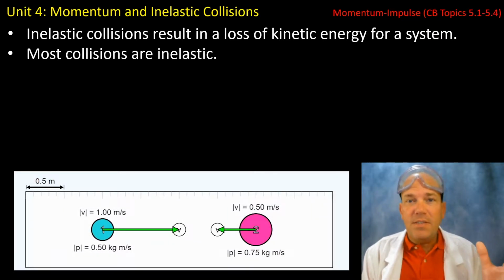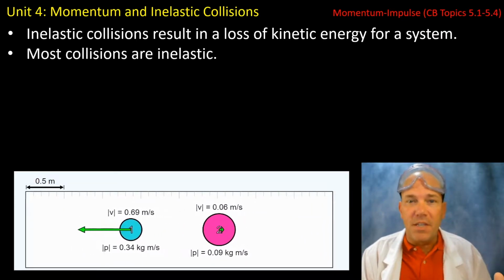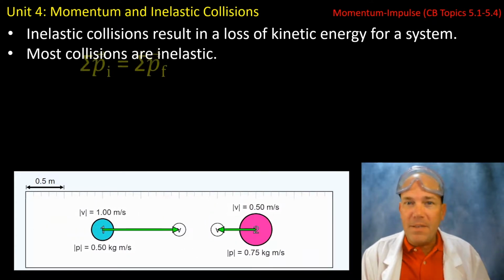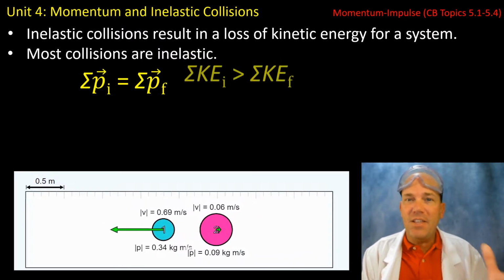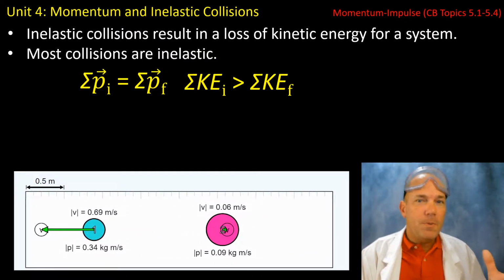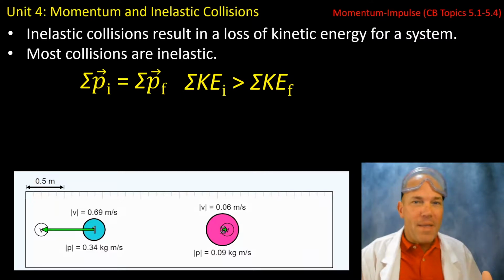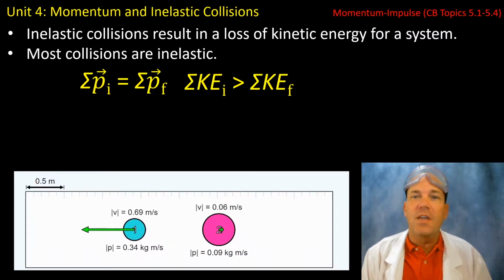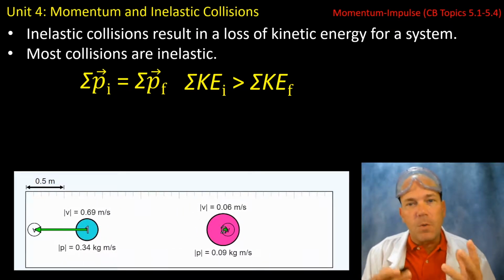Take a look at this PhET simulation. We're going to do some calculations involving both momentum and kinetic energy. We're going to predict that momentum is conserved because momentum is conserved during all collisions for a defined system.